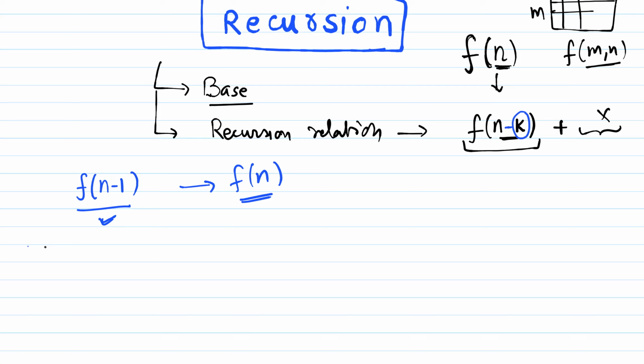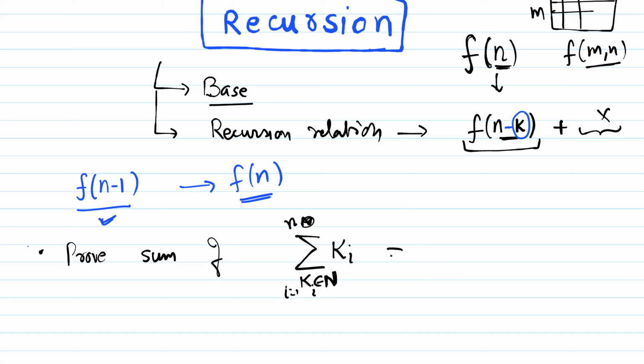Let's say we have to prove that the sum of the first n natural numbers, the sum of i from i equal to 1 to n, is equal to n multiplied by (n+1) divided by 2.